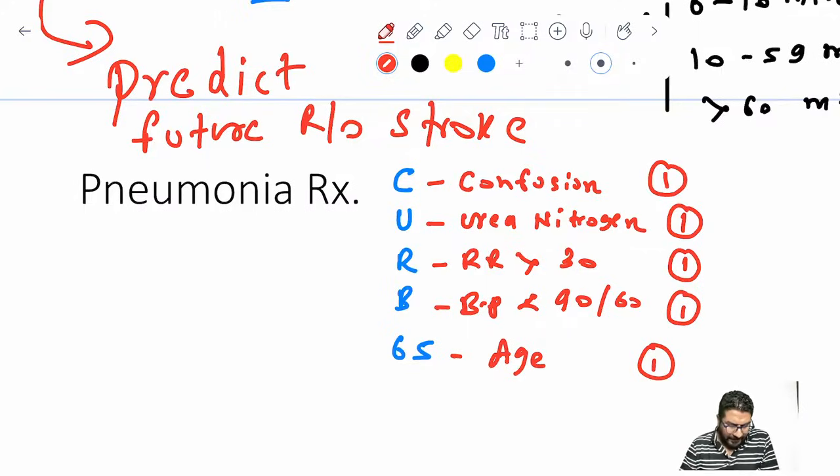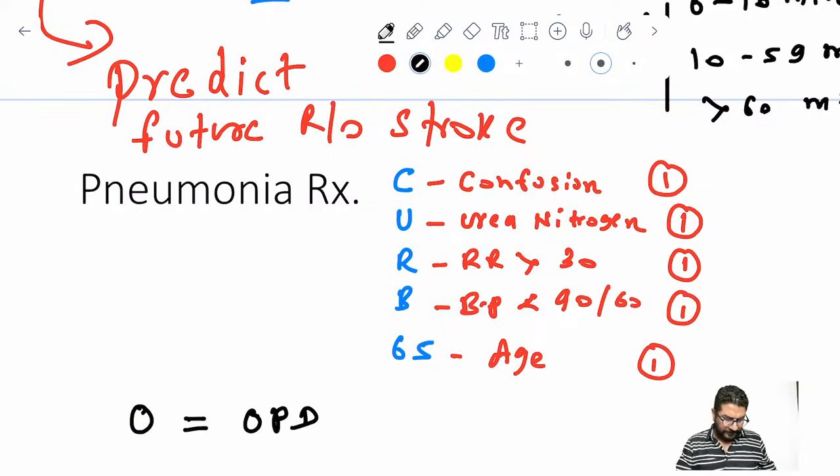Now tell me, what is the benefit of this score? Score का फायदा क्या है? Anyone? कौन बताएगा? Now see, if you see score value 0, suppose अगर score value 0 है, then it is a patient which we need to just write the medicine and send the patient home.